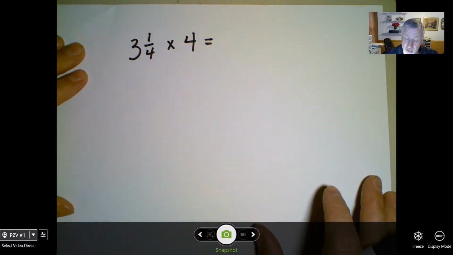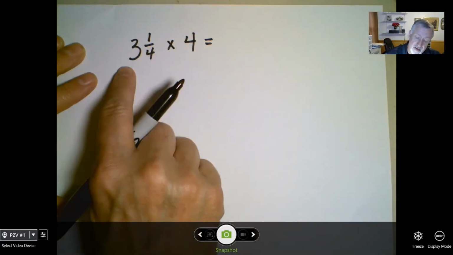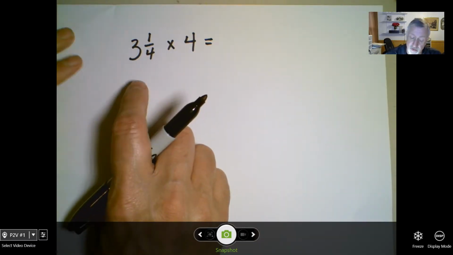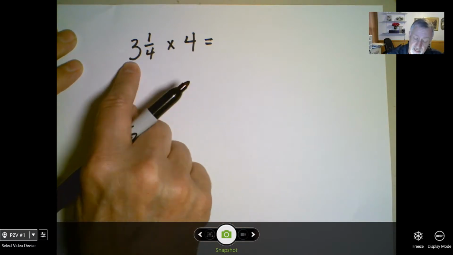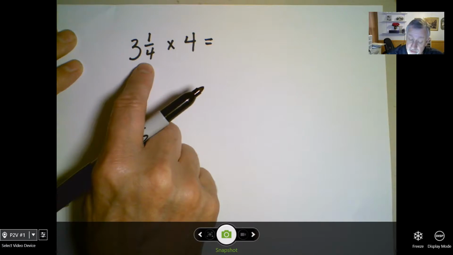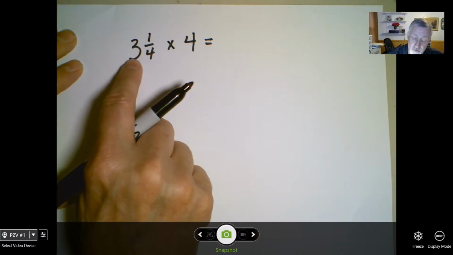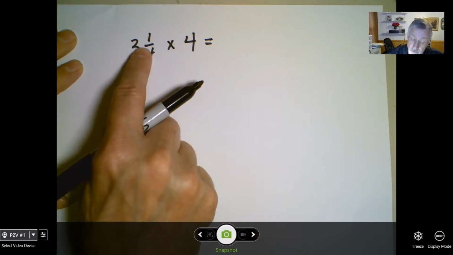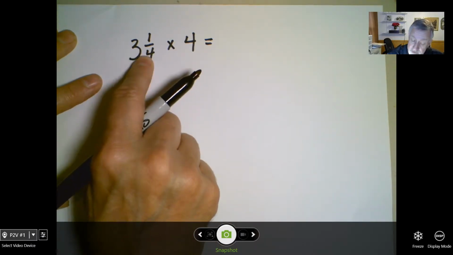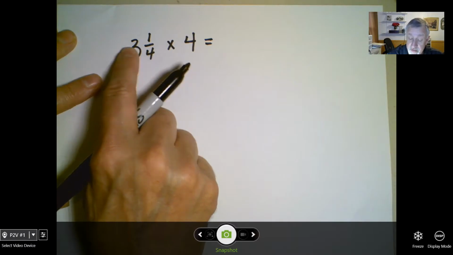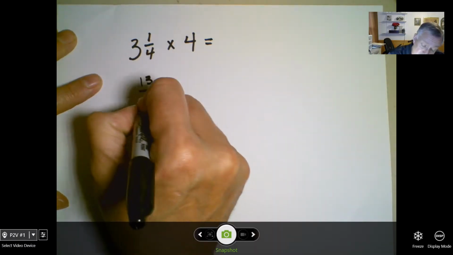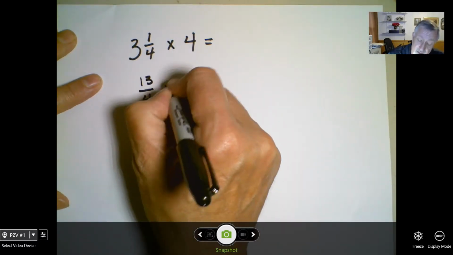Okay, we're going to check our work here. The way that we chose yesterday to show you to solve this was just to take each of these and turn them into an improper fraction. So 3 1/4 becomes 3 times 4 is 12, so that's 12/4. 12 divided by 4 is 3. 12/4 plus 1 more gives us 13/4, and we multiply that.